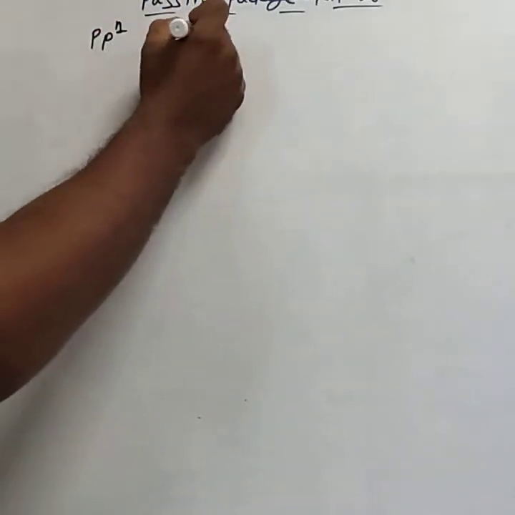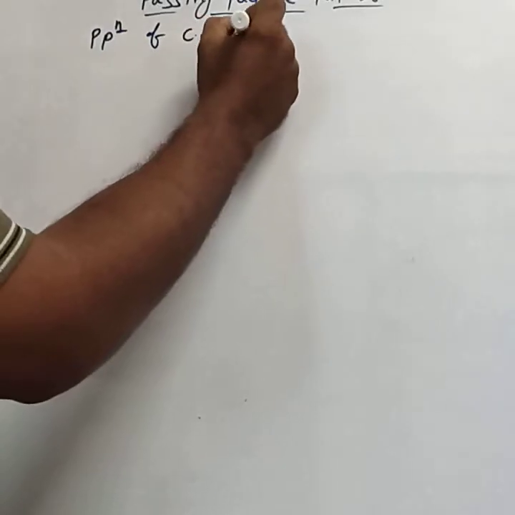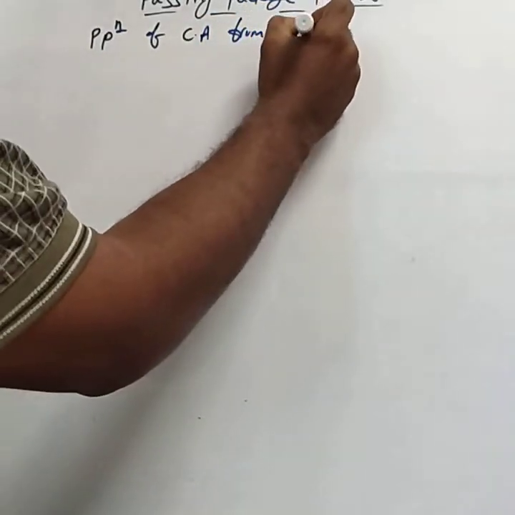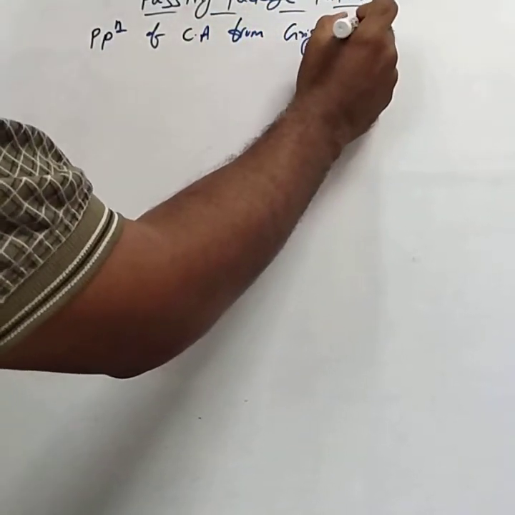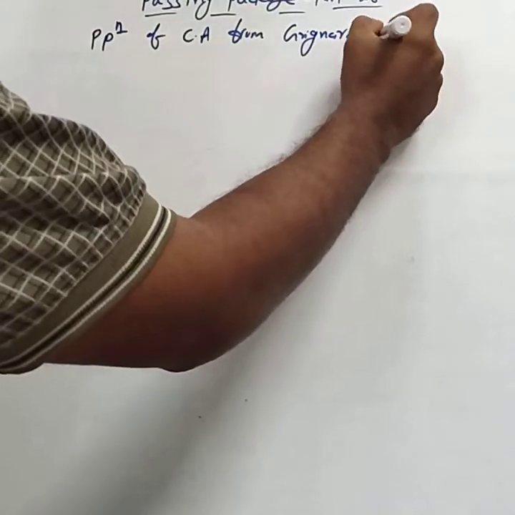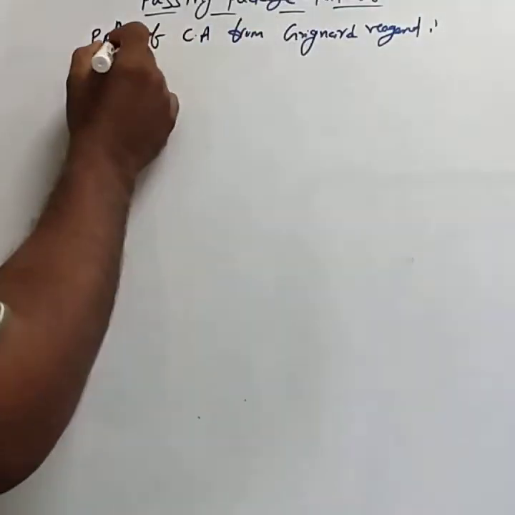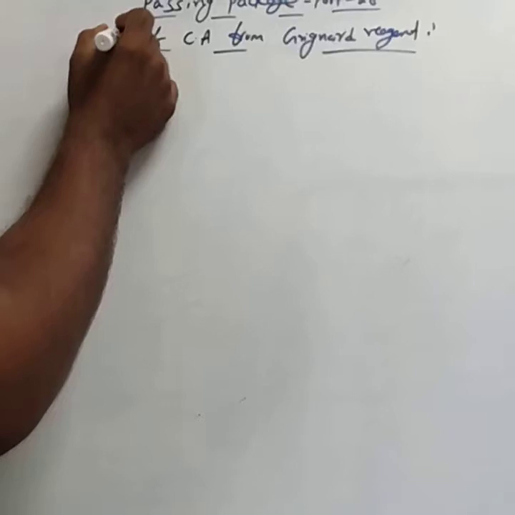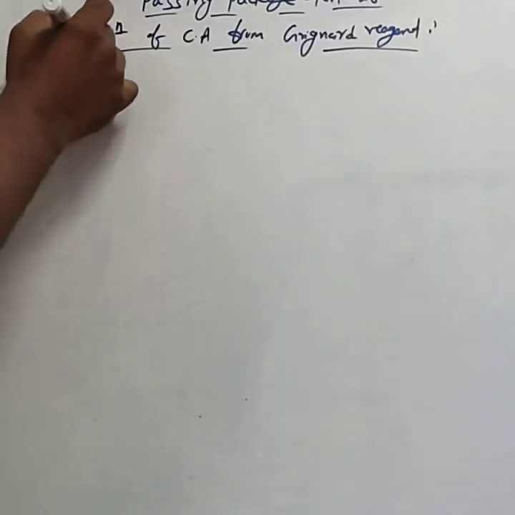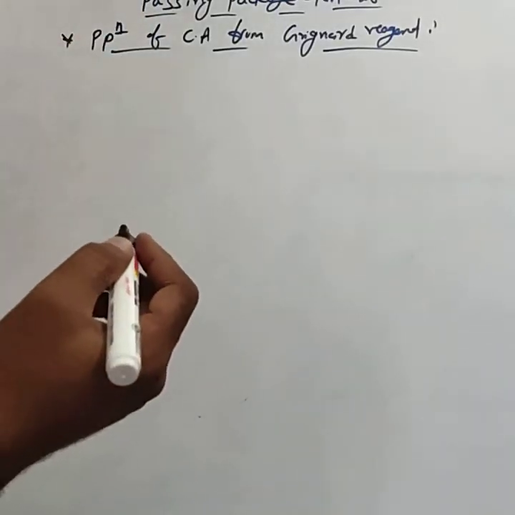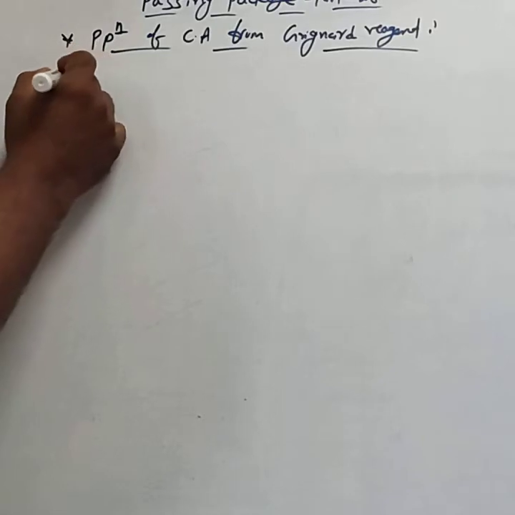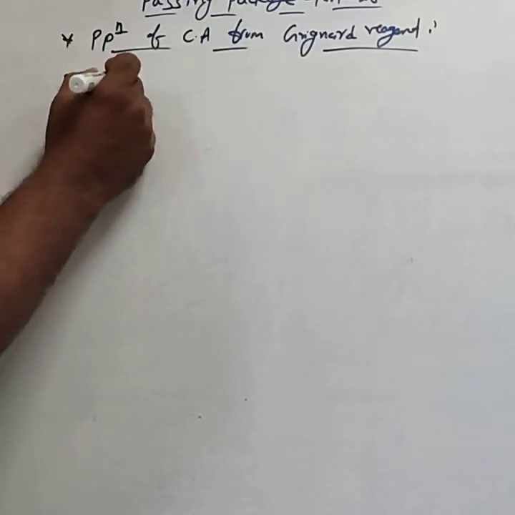Preparation of carboxylic acid from Grignard reagent. This is also one of the very important reactions. We know the formula of the Grignard reagent is RMgX.